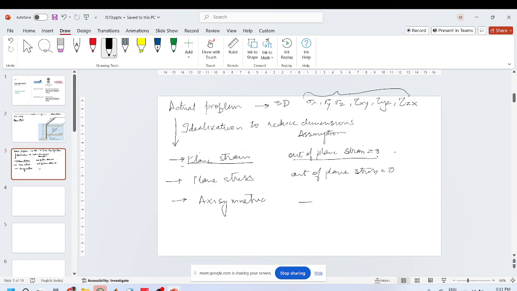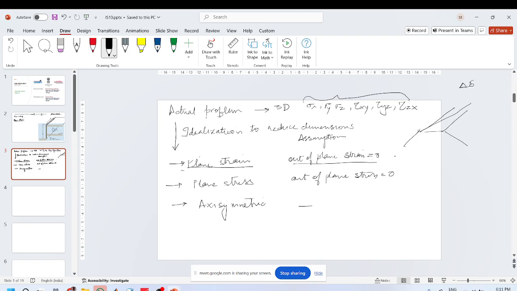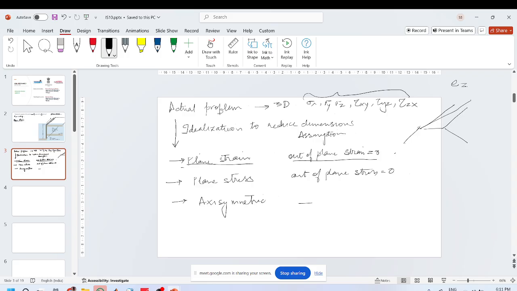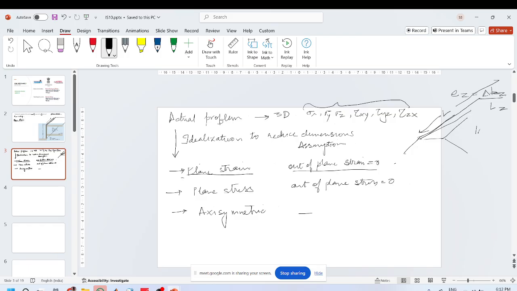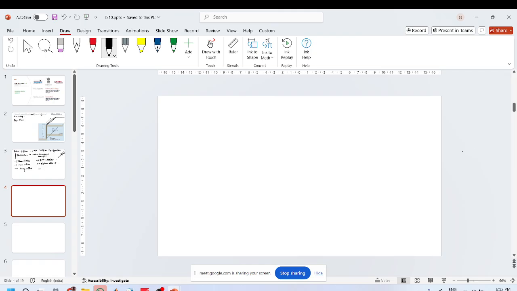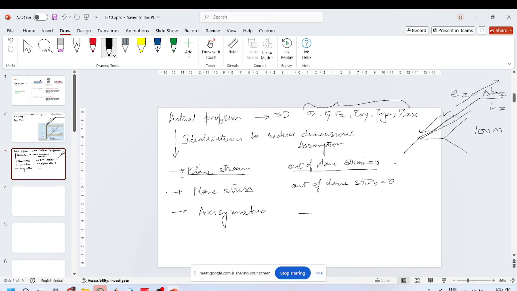So for out of plane strain conditions, for example, if you have a long embankment, your strain is delta z over length of z, isn't it? Let us say we have a 100-meter long embankment.